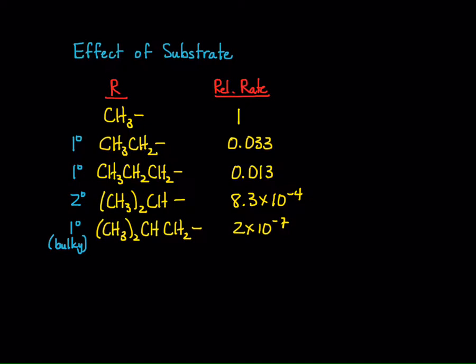So again, that bulk plays a big role. And it's so much so that if I had a tertiary alkyl halide, the relative rate of this reaction is 0. In essence, tertiary alkyl halides do not react by an SN2 substitution mechanism.